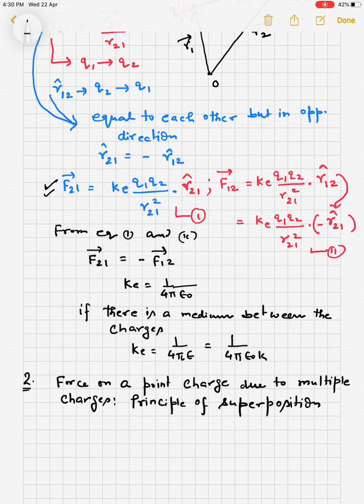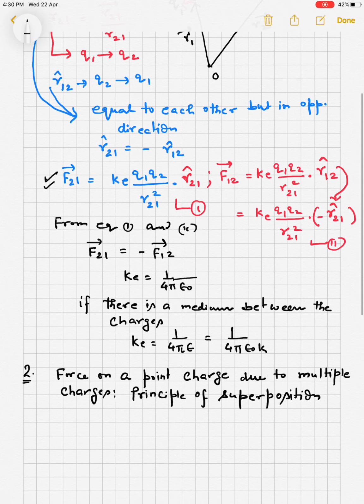According to this principle, the force of interaction between two given point charges remains unaffected when other point charges are placed near them, and accordingly the total force on a given point charge due to any number of point charges is the vector sum of the individual forces exerted on the given point charge by all other point charges. This is the principle of superposition.